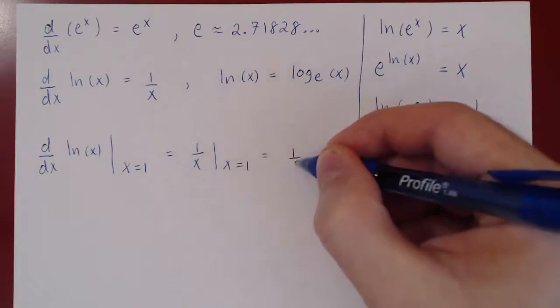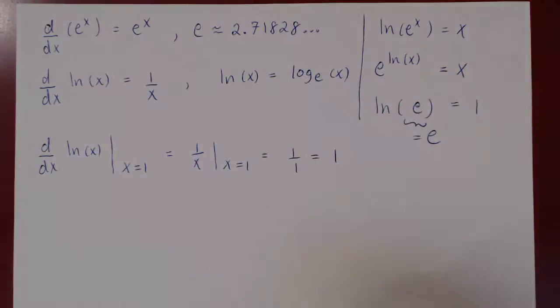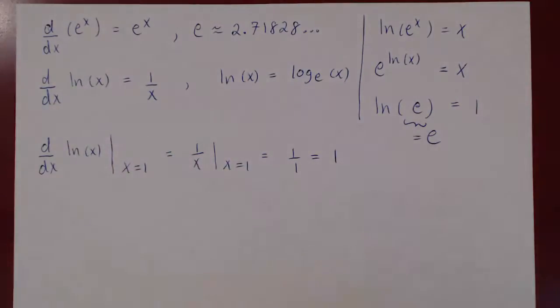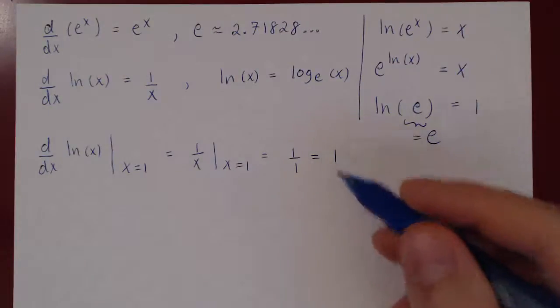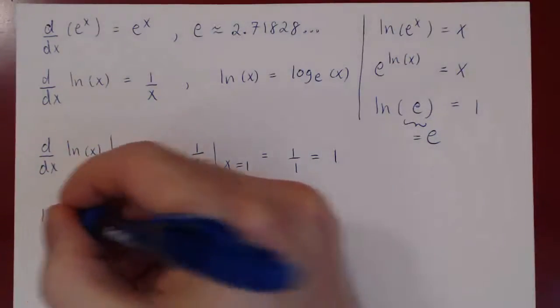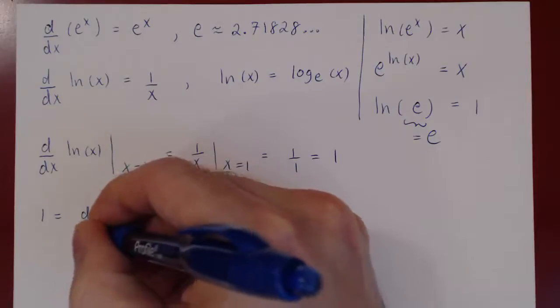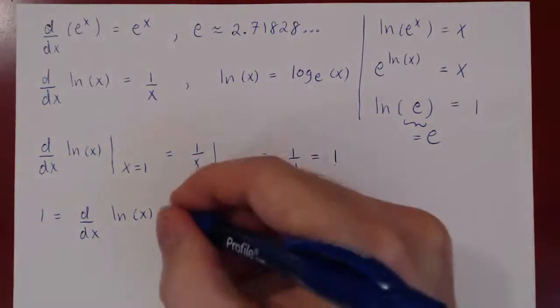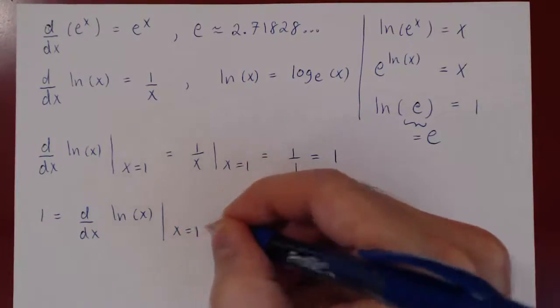So all we get is 1 over 1, which is equal to 1. But now let's find the derivative of ln of x at 1, going back to the definition of the derivative. So we know 1 is equal to the derivative of ln of x, specifically when we look at x equals 1.